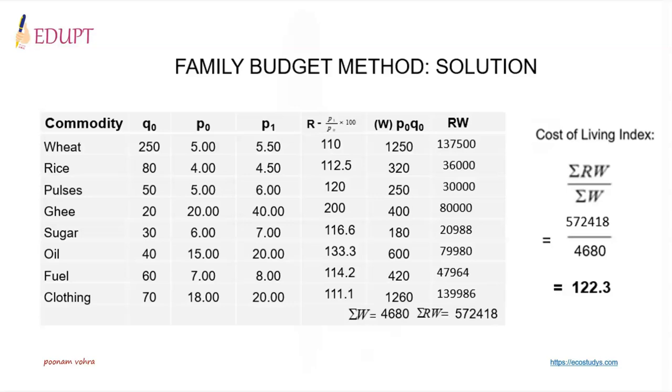Now here you need to find R, which is the price relative, that is P1 by P0 into 100, and then W, which are the weights, that is P0 Q0, and then multiply R and W. So let us first find out for the first commodity, wheat, P1 by P0 multiplied by 100.